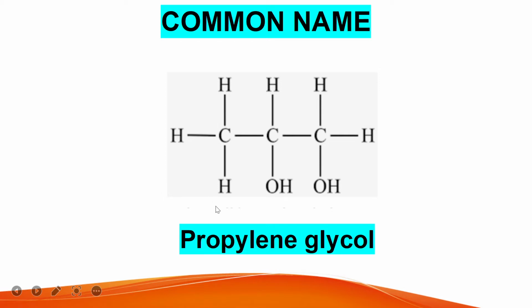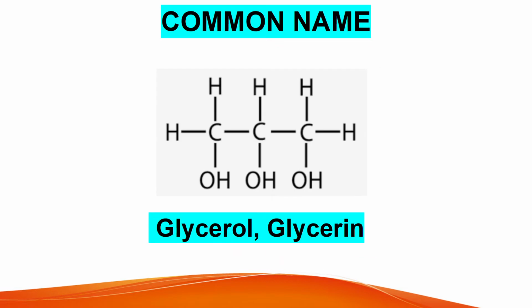So, the name of the structural formula is propylene glycol. Next, we have here the structural formula of glycerol or glycerin. This is an example of a trihydric alcohol or an alcohol with 3 hydroxyl groups.